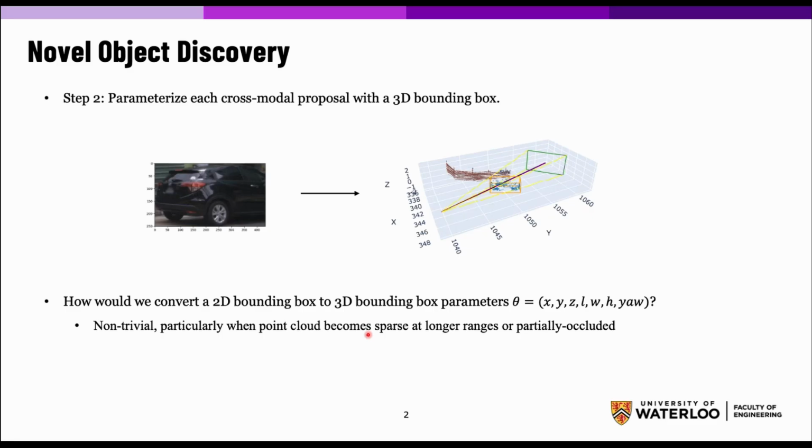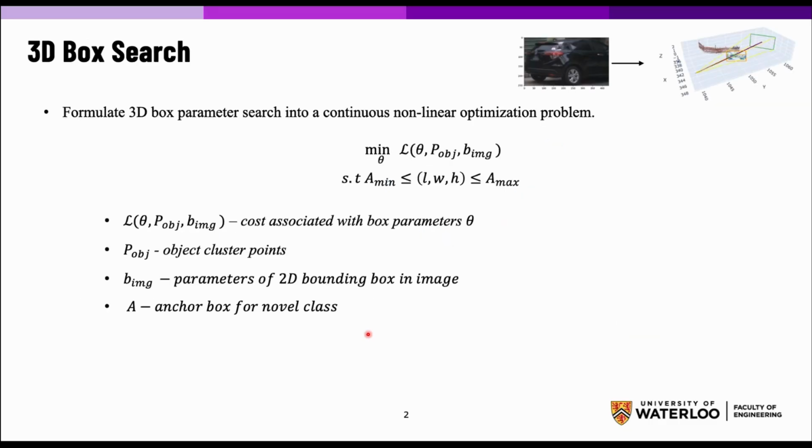In addition, when you're driving, a lot of times you deal with occlusions and only parts of an object are visible. But even though we only see part of an object, we still need to label the parts that we don't see, right? So let's look at how we can do that.